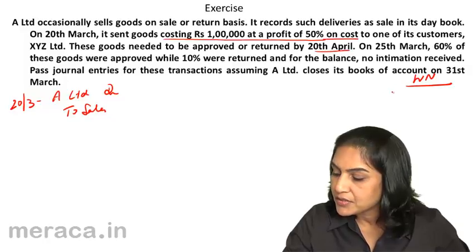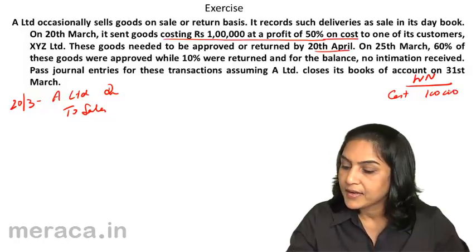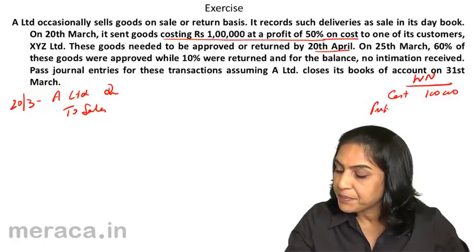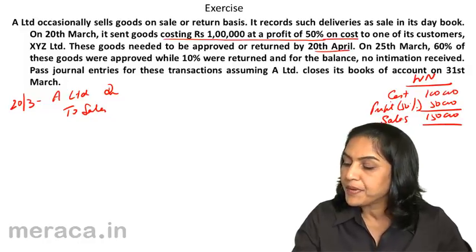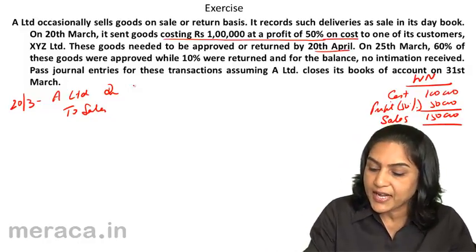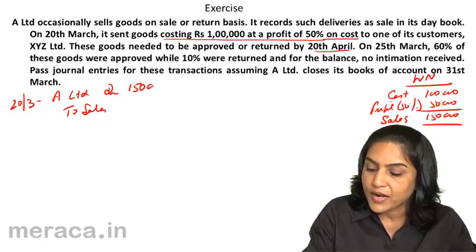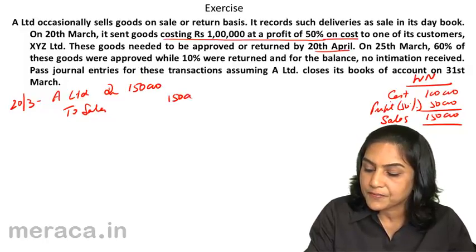When cost is 1 lakh, profit is 50%. 50% of 1 lakh is 50,000. Therefore, the total sale value would be 1,50,000. A Limited to sales 1,50,000.